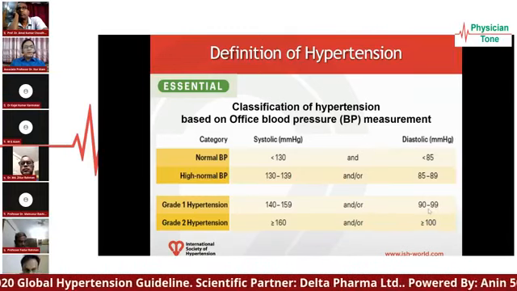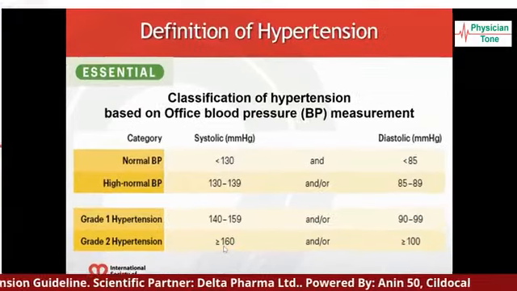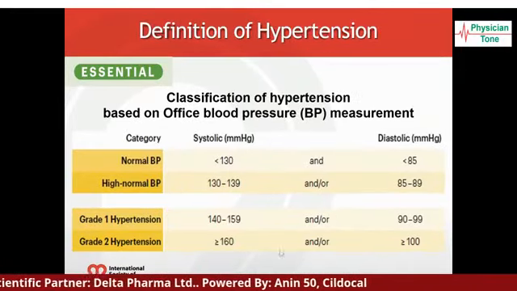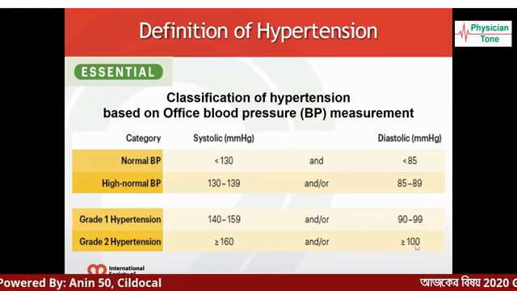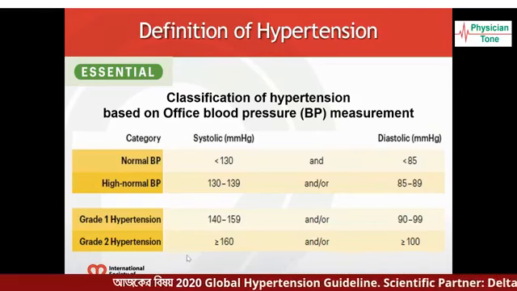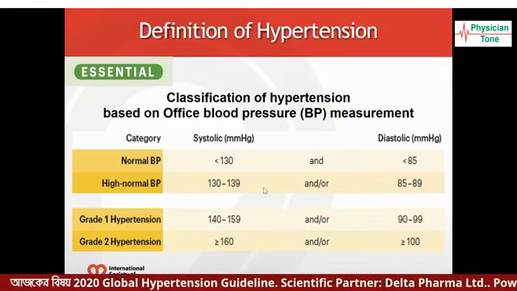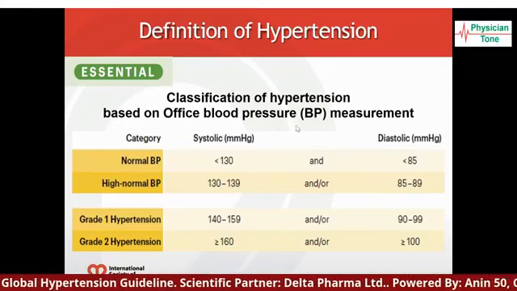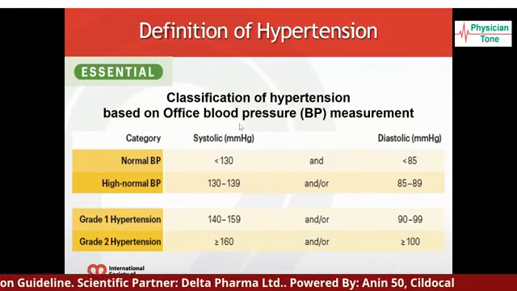And grade 2 is systolic equal or above 160 and diastolic equal or above 100. So they put the definition in a very simple form: grade 1, grade 2, and high normal. This is office blood pressure management, that means in hospital, in clinics, or in chambers.